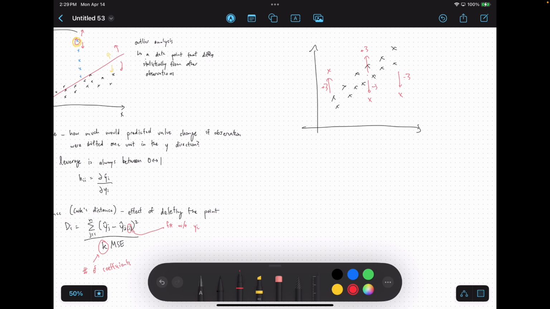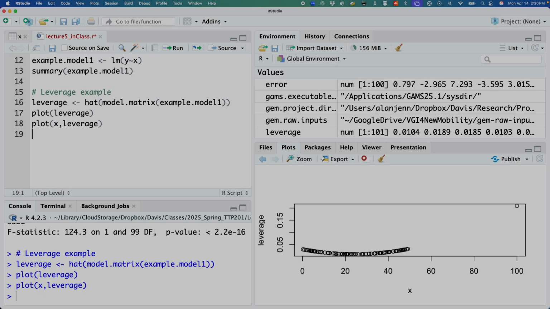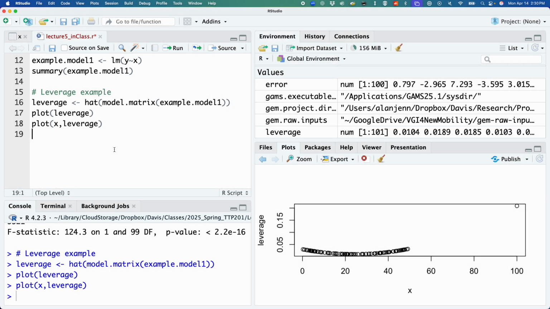One of the byproducts is that the leverage simply is larger for points on the ends. You can see that very directly here, because I've plotted the leverage against the x's, and the ones on the end have larger leverage than the ones in the middle.